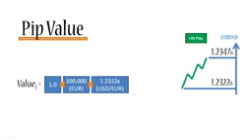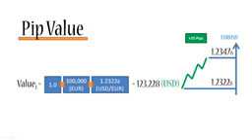So if we replace those, that'll be 1 lot. We'll look at an example where we bought 1 lot. So 1 lot times 100,000 euros times 1.23228 dollars per euro. And that gives us $123,228.